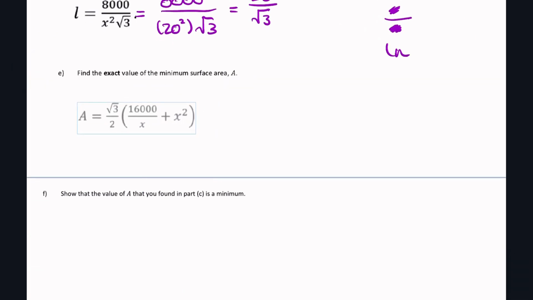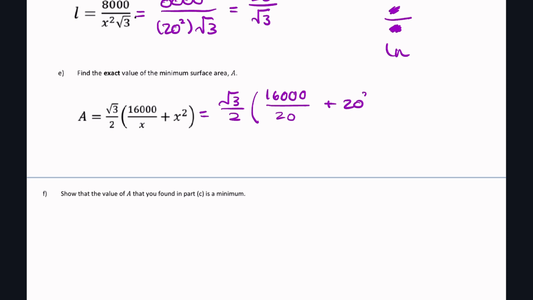So that's my formula for A. I just need to substitute. And again, it's saying the exact value, so we need to make sure we don't calculate that with the root 3. We need to keep the surd separate.